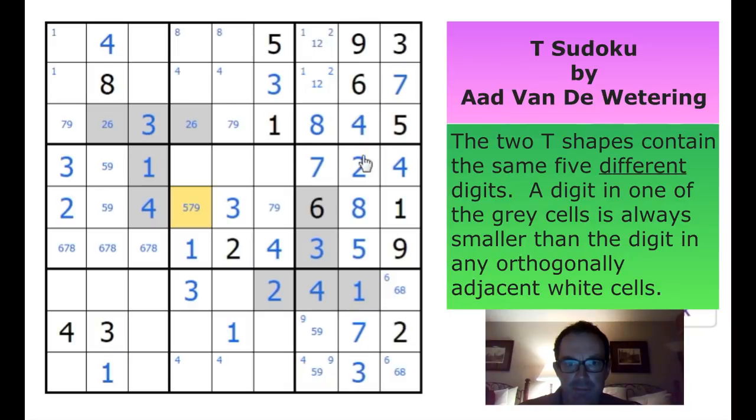Got 5s here and here, so there must be a 5 in one of those two squares. The 3 isn't that helpful. We know the 1's over here, and the 2. I guess we now know the 2 is in one of 2 positions.